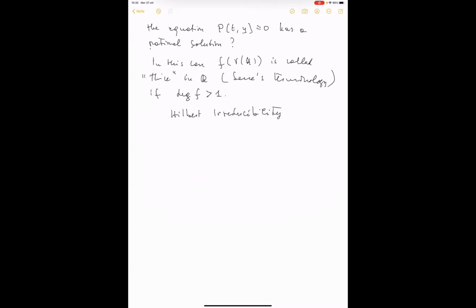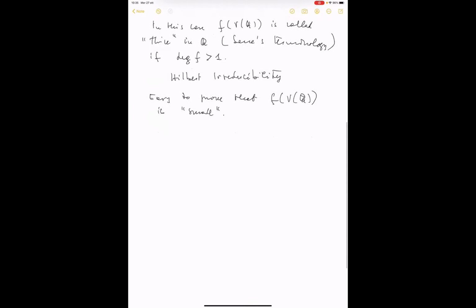So in this case of dimension 1, it is easy to prove that f of V of Q, the image, is somewhat small. In fact, it is called thin, but thin is a definition of this kind of set, and we want to show that it is indeed small in the usual sense. A way to prove this is using heights.